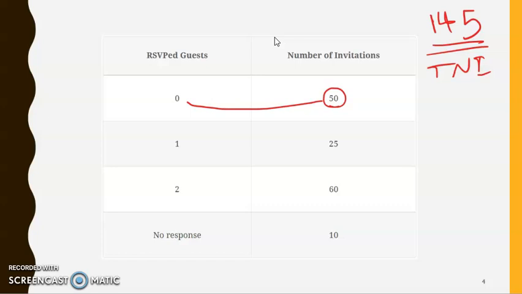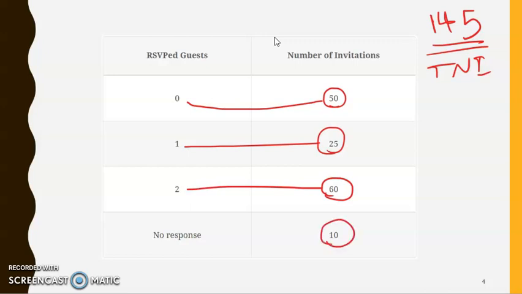Another one, it says number of invitations. 25 of the invitations have announced that they will come alone. They will come solo. 60 of the invitations have responded and they said they will come with a companion.